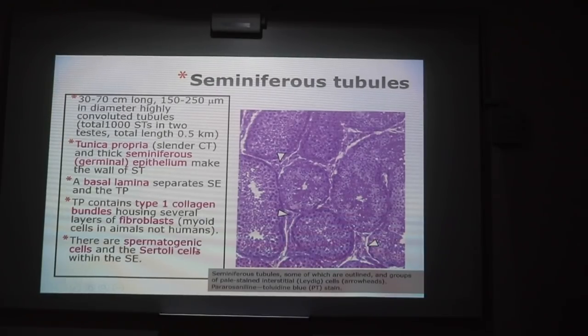There are spermatogenic cells and the Sertoli cells, which form the epithelium of the seminiferous tubule. So there are two types of cells that form the epithelium: one is the spermatogenic series of cells, from immature to mature cells, and the other is the Sertoli cells.